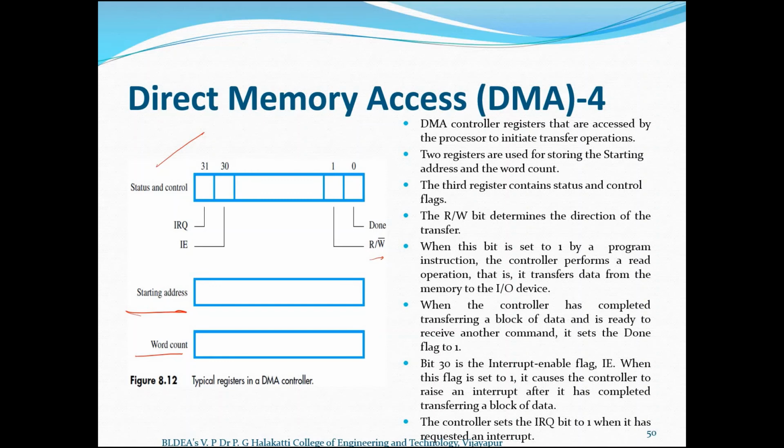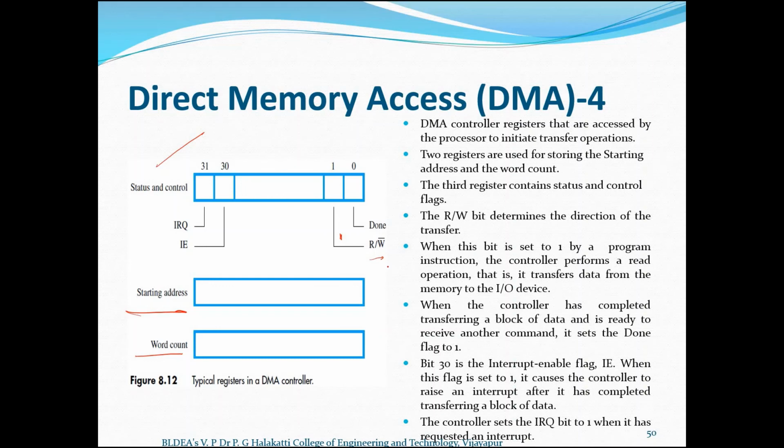If this bit is 1, it will be a read. If it is 0, it will be a write. When this bit is set to 1 by a program instruction, the controller performs a read operation, that is, it transfers data from memory to the input-output device.